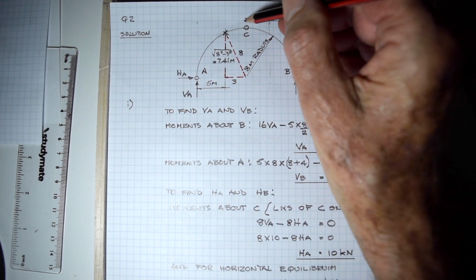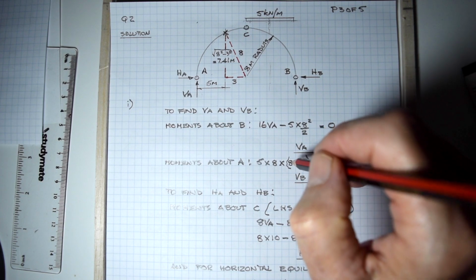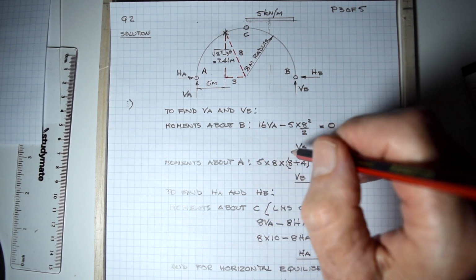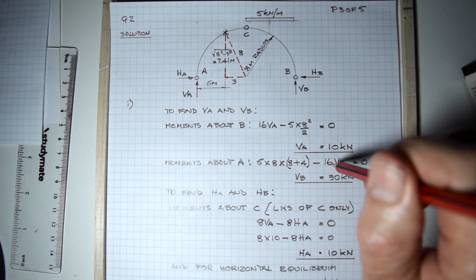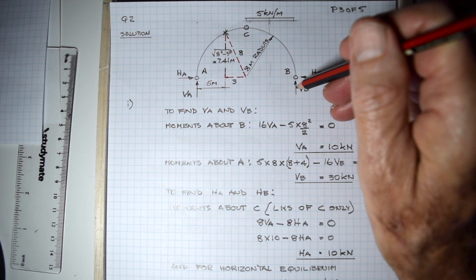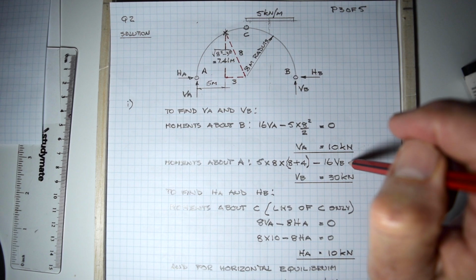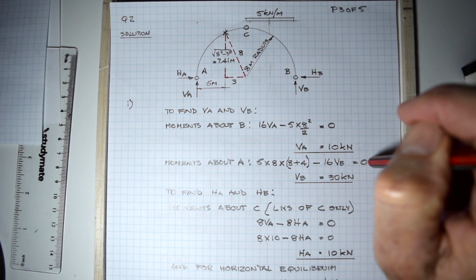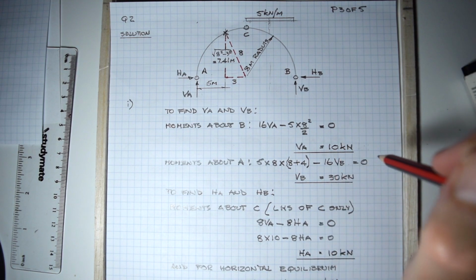That's 4 meters plus 8 meters. So it's 5 times 8 is the load times the arm of the load, minus 16 VB. VB is acting anti-clockwise around that point, and it's 16 meters away. All equals 0. Solving that, we get VB equals 30 kilonewtons.